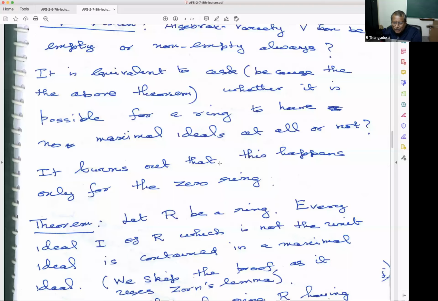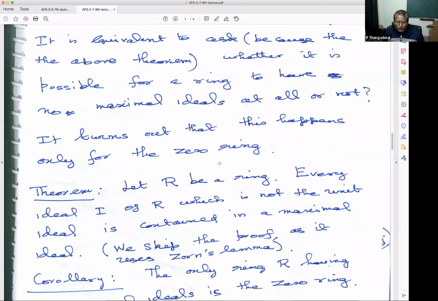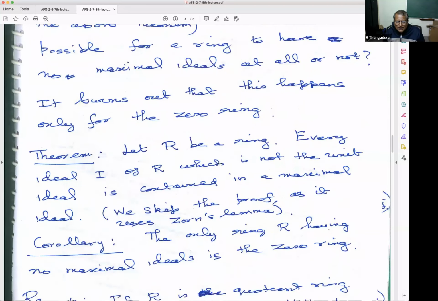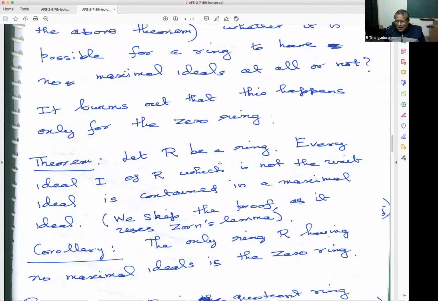This proof uses Zorn's lemma, so we skip the proof. The only ring R having no maximal ideal is the zero ring.